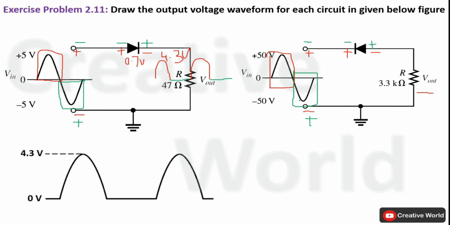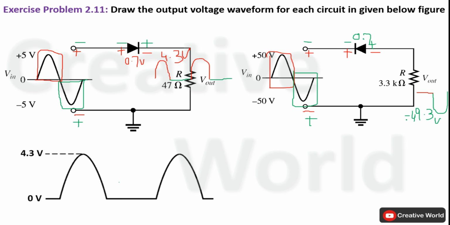The peak input voltage of AC is 50 volt, which is much larger than the potential barrier of a silicon based diode. So the diode will be in forward biased or conducting mode. Whenever a silicon based diode conducts, it will have 0.7 volt across its terminals. And because the diode is in forward biased mode, it will allow current to pass through it. So during the negative half cycle of the AC input voltage, we will get a negative output voltage which will have a peak value of 49.3 volt.